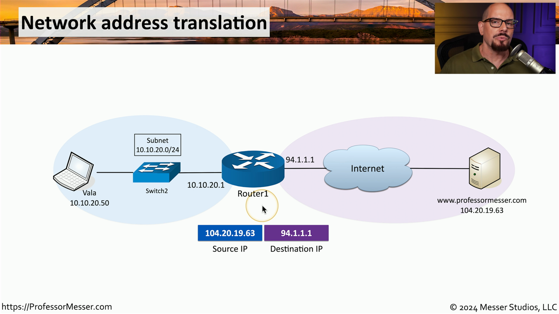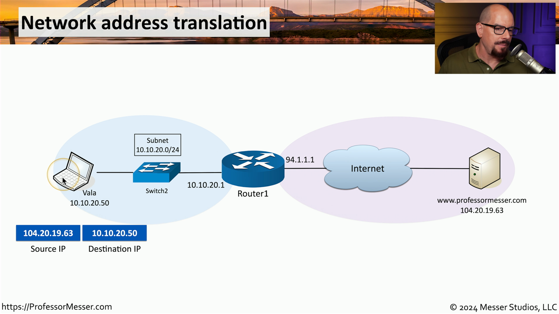When this router now receives that packet, it's going to perform the translation again, except in reverse, and modify that destination IP address to be the internal address of 10.10.20.50, which obviously matches the IP address of Vala, and now Vala has received that message from the Professor Messer website, even though Vala has an internal private IP address.